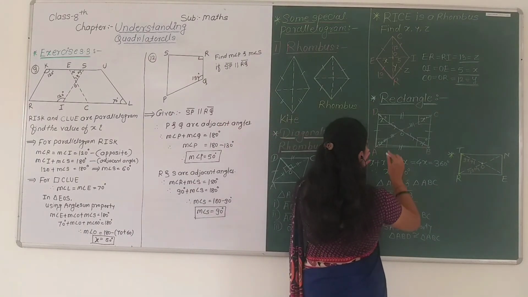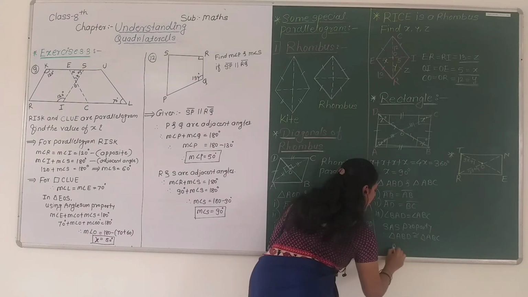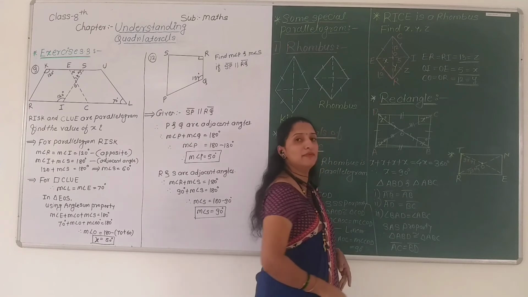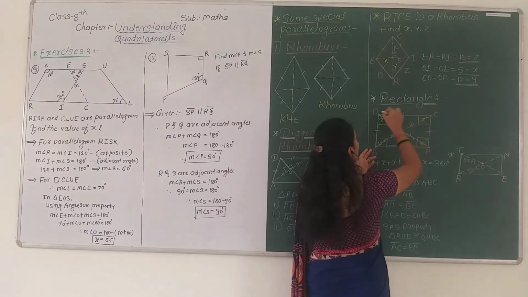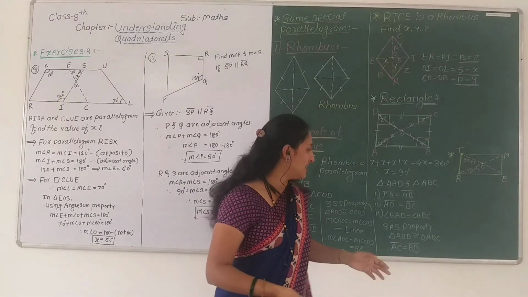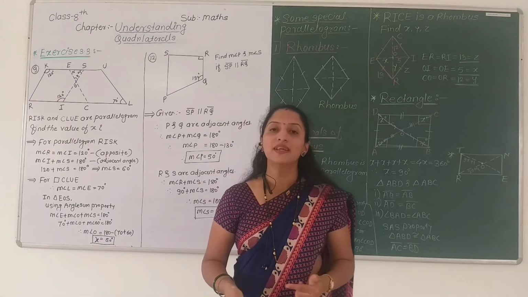So here we get the corresponding side AC is equal to BD. AC bar is equal to BD bar. But look at here, AC and BD are diagonals of the rectangle and they are equal. So what is the property of a rectangle?